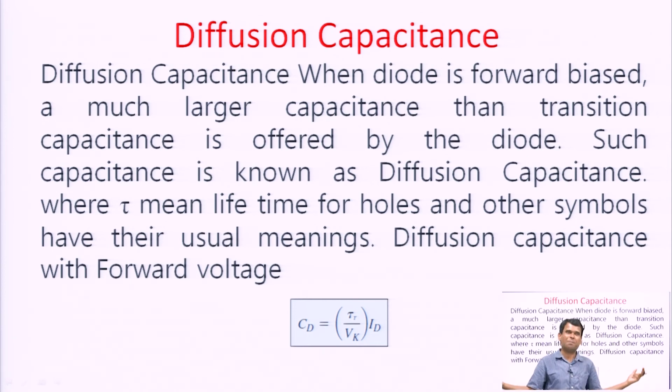CD is equal to tau times ID upon Vk. This is the diffusion capacitance.